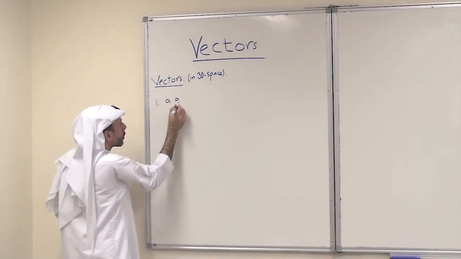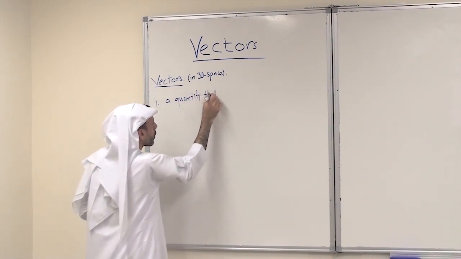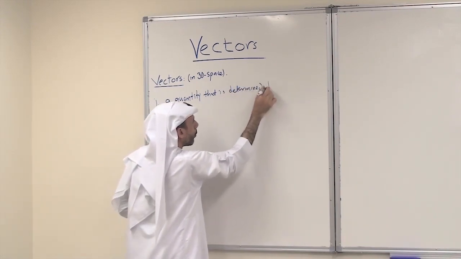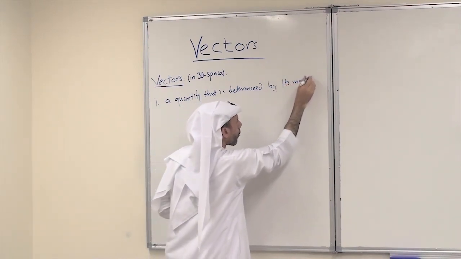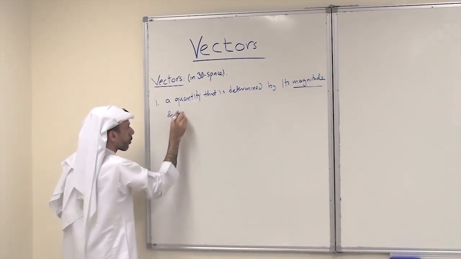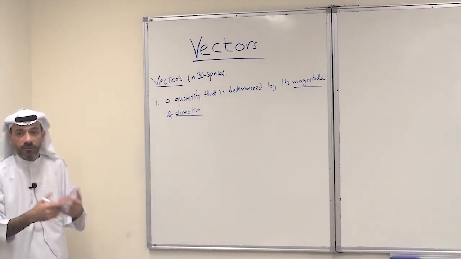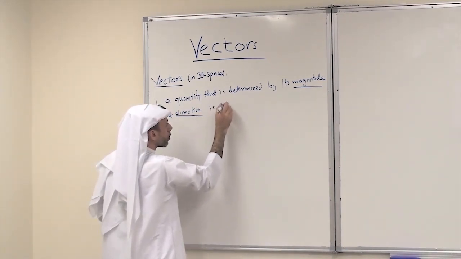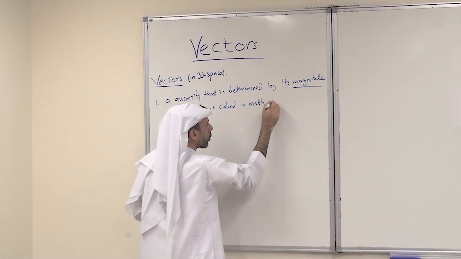A quantity that is determined by its magnitude and direction, like force, velocity, displacement, is called in mathematics a vector.